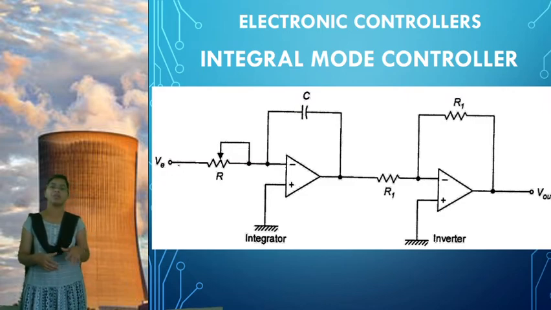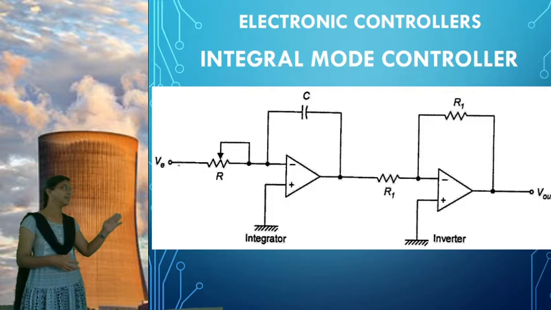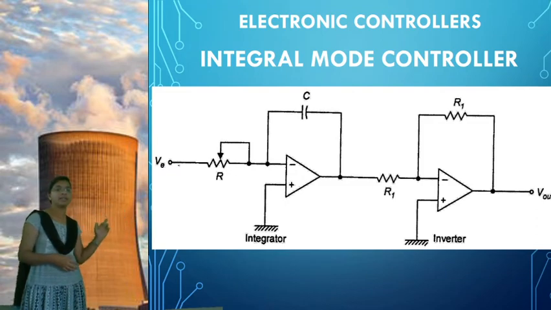Now you tell me, what about the derivative mode controller? You already came across the derivative controller, which is the opposite of the integral mode controller. While in the integral controller mode we connected the capacitor at the output side, in the derivative controller mode we should connect the capacitor at the input side, and the resistor should be at the output side. And here we have an input resistor also.